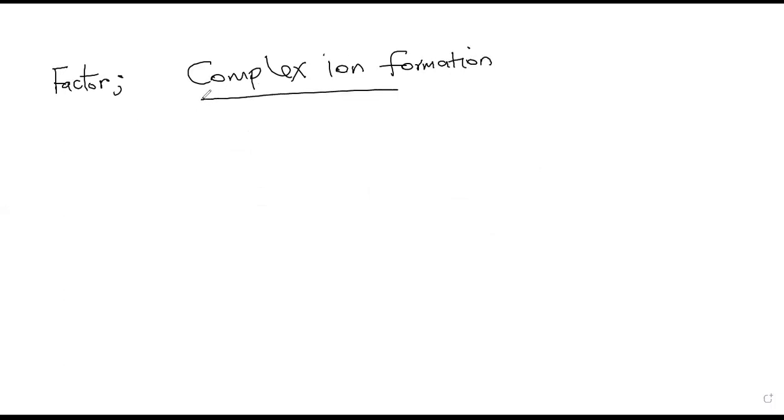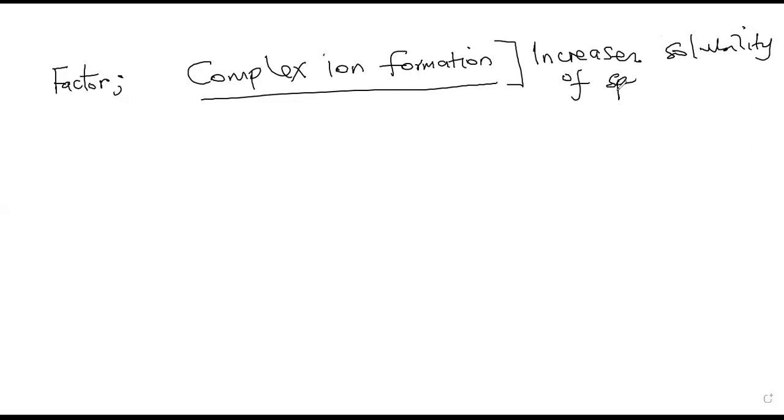With complex ion formation, unlike the common ion effect, this one increases solubility. We said that common ion reduces solubility, but this one increases the solubility of a sparingly soluble electrolyte or salt.